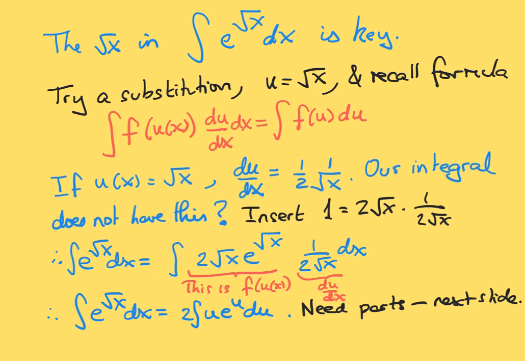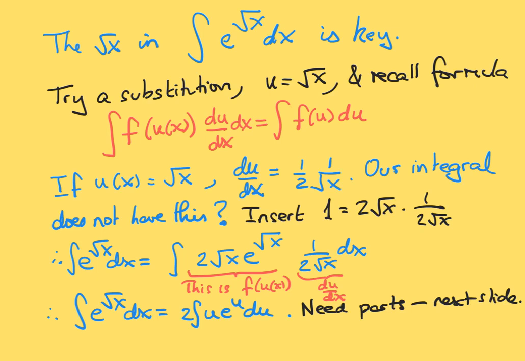And then it's the integral of, now, root x is u, e to the root x is e to the u, and this product here, du/dx dx, can be replaced by du. So this is now the integral that we need to calculate, and I hope we'll agree that this is a doable integral, but it needs the use of integration by parts. So I'm just going to go through that on the next slide.